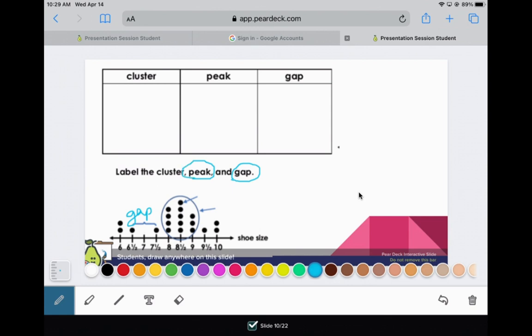Before I label that, can anyone kind of guess? I have 2 more arrows. Which arrow would be the peak and which arrow would be the cluster? You have to guess. Let's say this arrow is A and this arrow is B. Anyone want to guess? If you have to guess, it's okay.